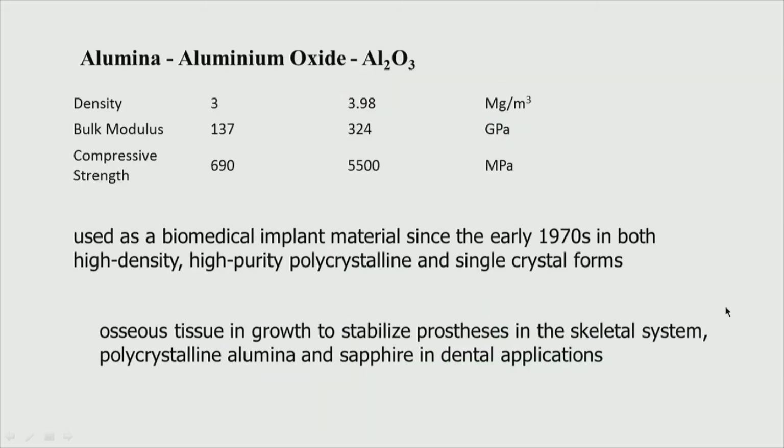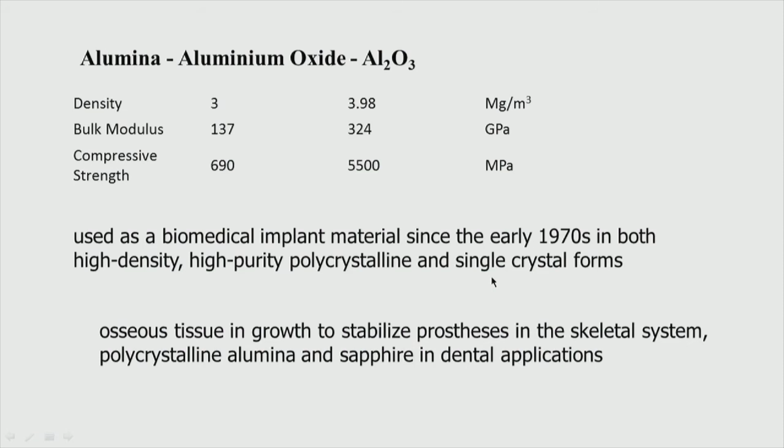Okay. So, let us look a little bit at each one of these biomaterials. The oxides, that is alumina, aluminium oxide, called Al2O3, has a density of 3, bulk modulus, compressive strength. This was used as a biomedical material in the early 1970s in both high density, high purity polycrystalline and single crystal forms.